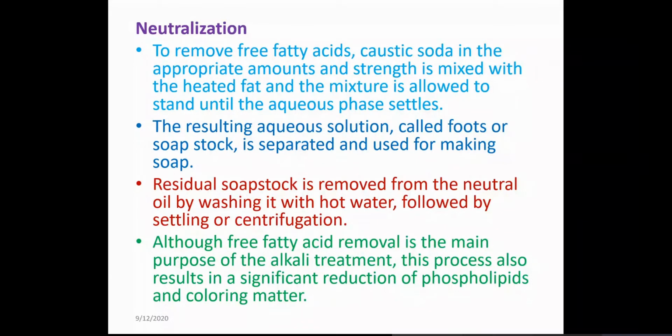The strength of the caustic soda depends on the analysis, which they do first. Then it is mixed with the heated fat, and this mixture is allowed to stand until the aqueous phase settles down. This resulting aqueous solution is called soap stock. This is separated and used for making soap.